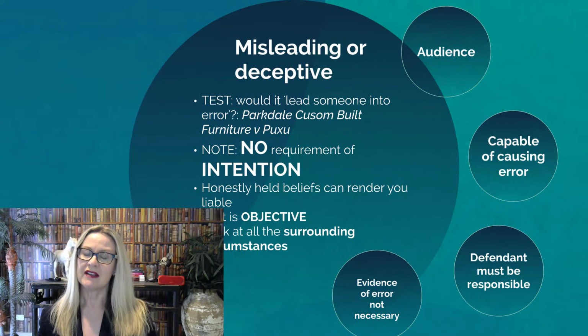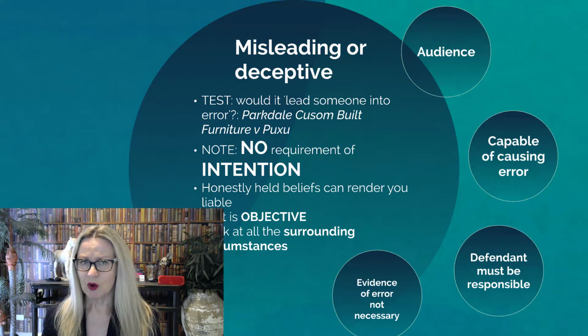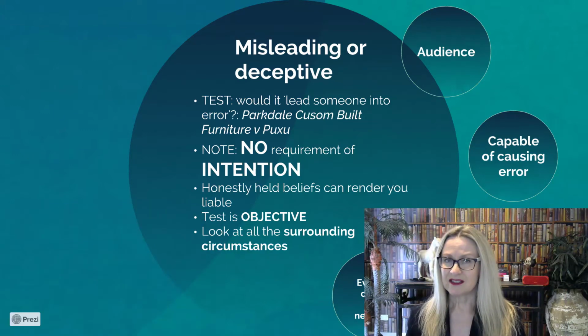Note that there is absolutely no requirement of intention here. So an innocently misleading statement may well contravene Section 18, much like you can have innocent misrepresentations at common law. The test is objective. It's simply a question of fact that is determined by the court after looking at all the surrounding circumstances.